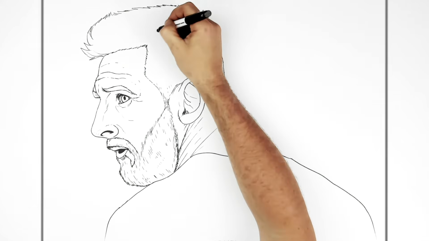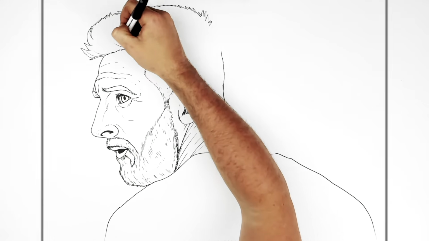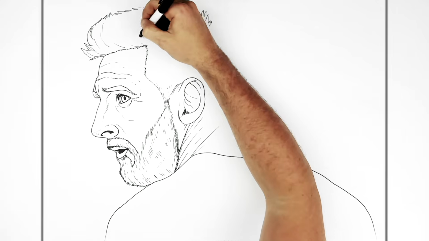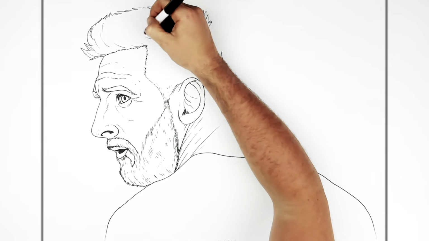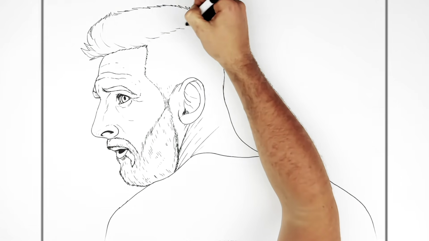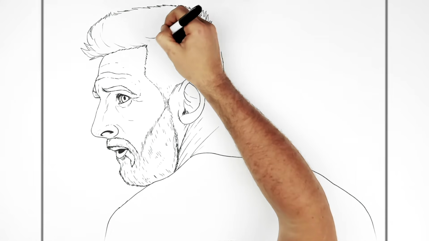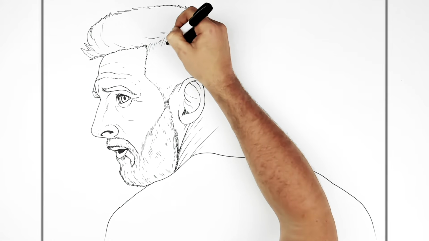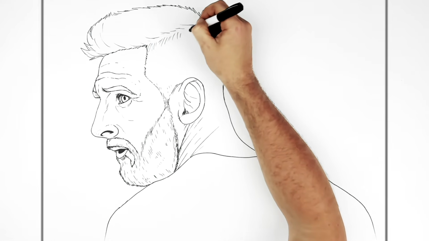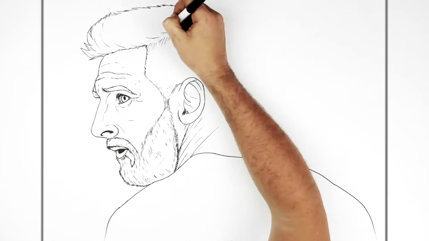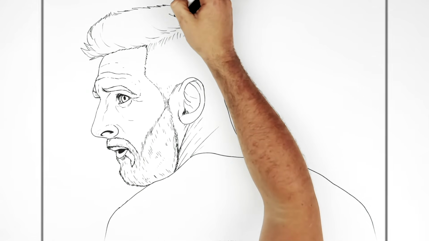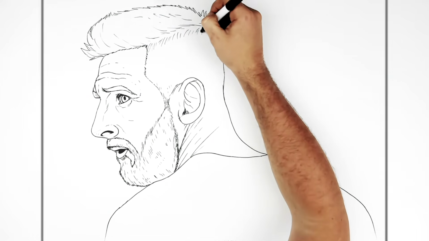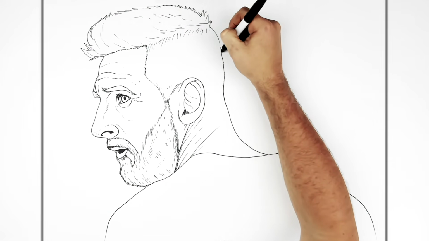Right, and he does have this sort of part in his hair here, right? So this all goes around in long lines. And then this hair just goes this way from the part in his head. And then this hair goes this way. And it's kind of shorter on the sides. And that's just the back of his head there.